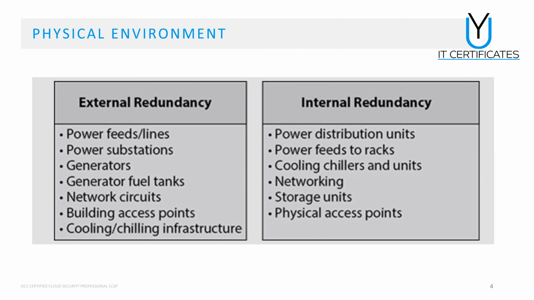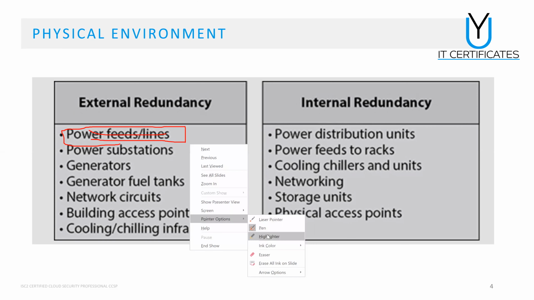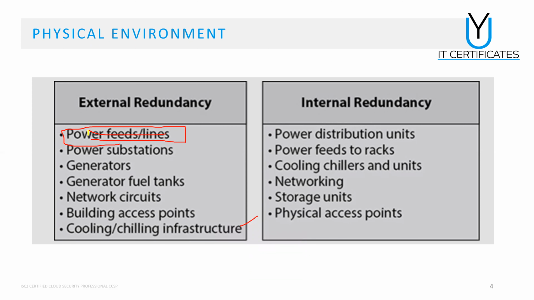How can you evaluate? Number one, for the physical environment, you have to make sure that they have redundancy for their infrastructure. For the external redundancy, they have to provide redundant power lines. It's not logical for a cloud service provider to depend on a single power supply.